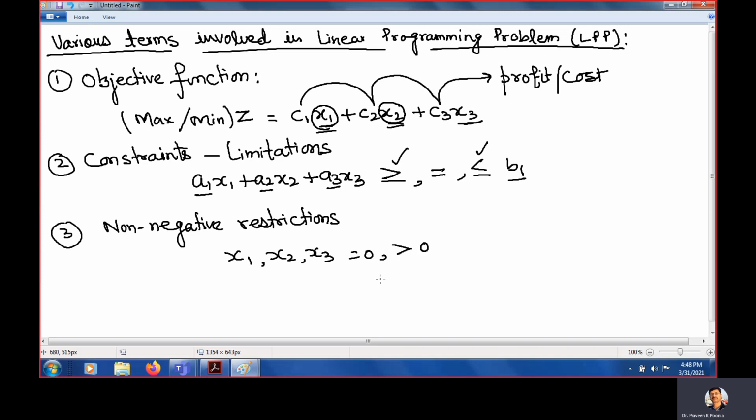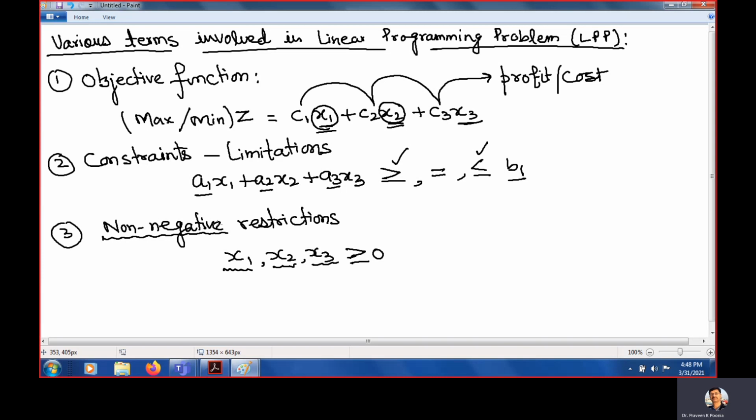So it is greater than 0. So there are 2 options: equal to 0 and greater than 0. So we are mixing these 2. So all the 3 variables x1, x2, x3 should be 0 or greater than 0. That means they must be non-negative. These are the non-negative restrictions.